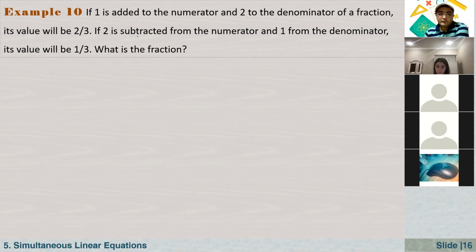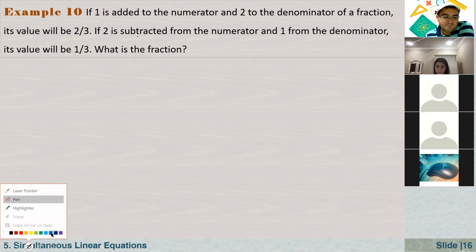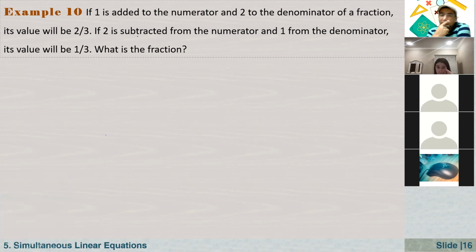Okay. Let's do this together. Let's see if Jasmine is correct or Ayan is correct. Let's use purple. If 1 is added to the numerator and 2 to the denominator of a fraction, its value will be 2 over 3. Suppose that we are talking about this fraction. This is our original fraction.